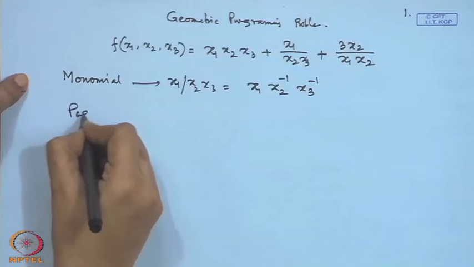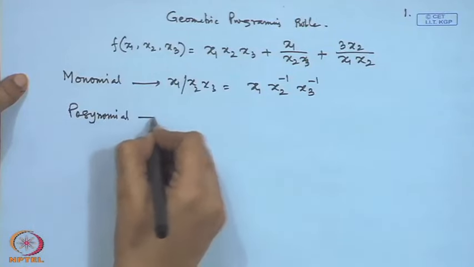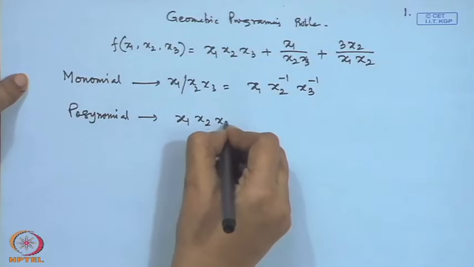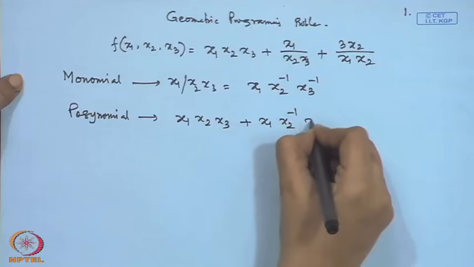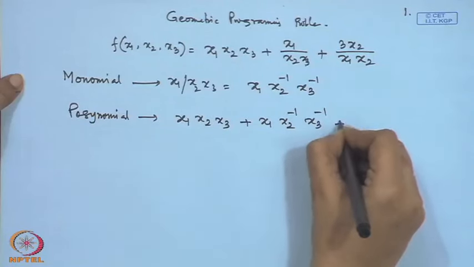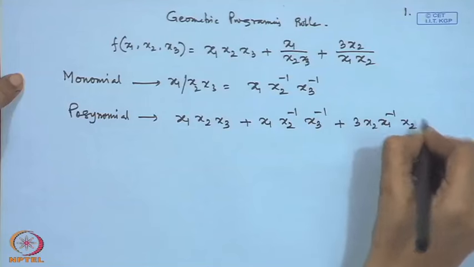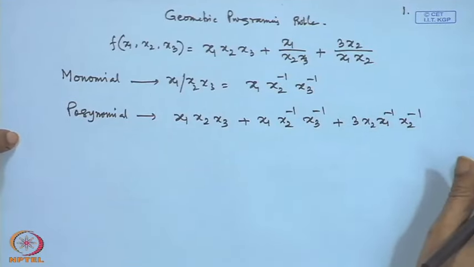And a combination of monomials would be a posynomial. Thus the function I have just mentioned, x1 x2 x3 plus x1 x2 to the power minus 1 x3 to the power minus 1 plus 3 x2 x1 to the power minus 1 x2 to the power minus 1, is a posynomial.